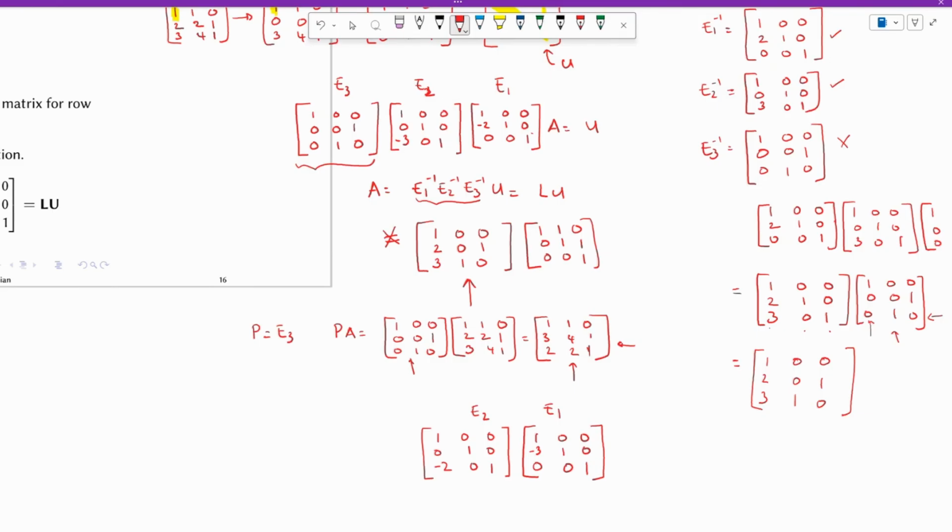Do you still have to do anything else? Once you do these two operations, what is the matrix you get? Okay. So what do you get after you do these two operations? What is the matrix you get?